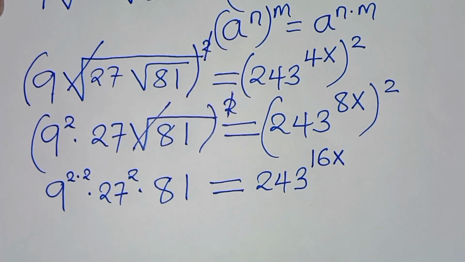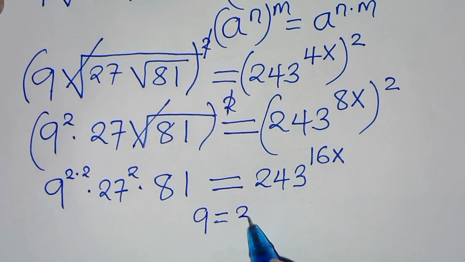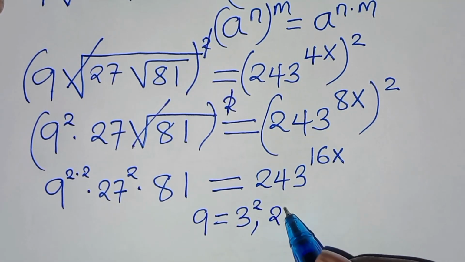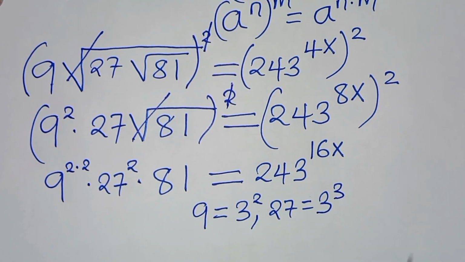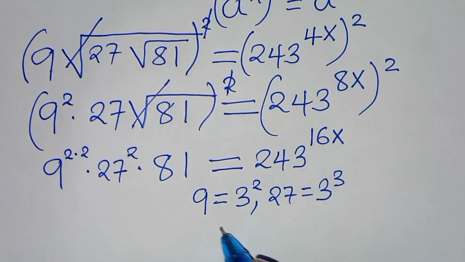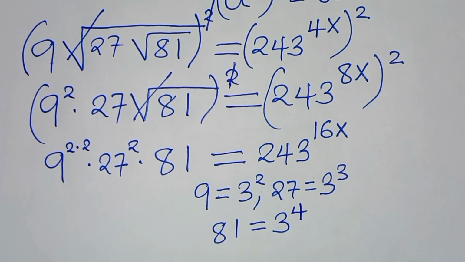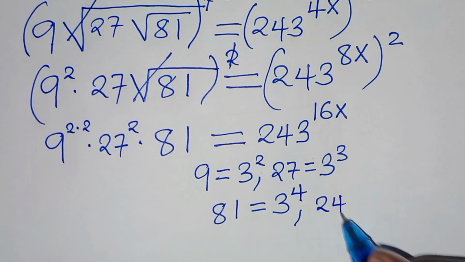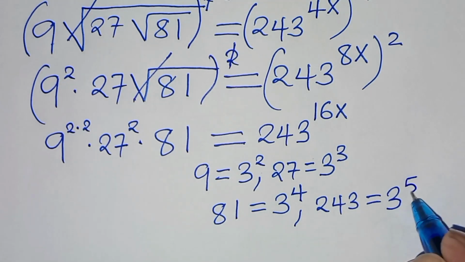The next step is that we can express 9 as 3 to power 2. We can express also 27 as 3 to power 3. We can express 81 as 3 to power 4. And lastly, we can express 243 as 3 to power 5.